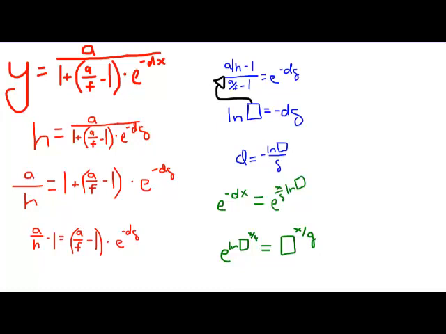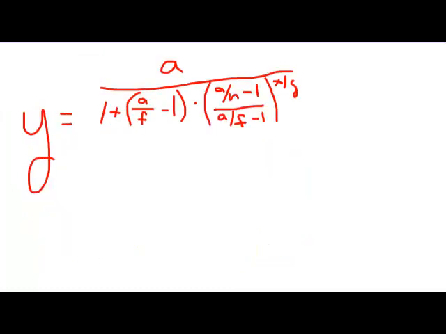So this just comes out to be a over h minus 1 over a over f minus 1 raised to the x over g power. And then we can plug this into the entire equation to get y equals a over 1 plus a over f minus 1 times a over h minus 1 over a over f minus 1 to the x over g, which looks incredibly ugly, but when you actually apply it, it comes out rather nicely.